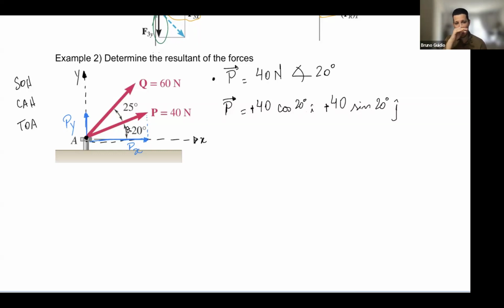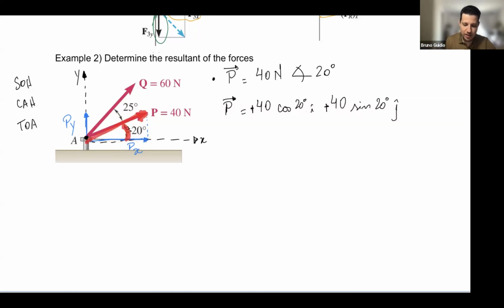There is a way that I like to say to students, just to visualize it and get it done. Meaning that, you see 20 degrees here? This 20 degrees, this angle, is touching in which projection? The 20 degrees is touching the x projection. Can you see that? Okay, let's just visualize this.